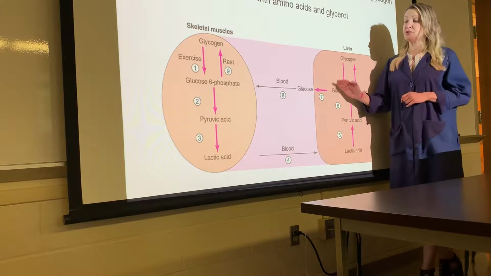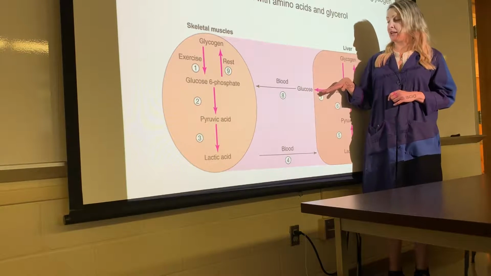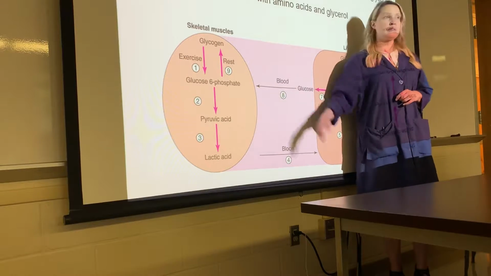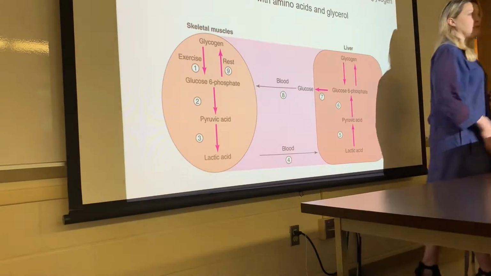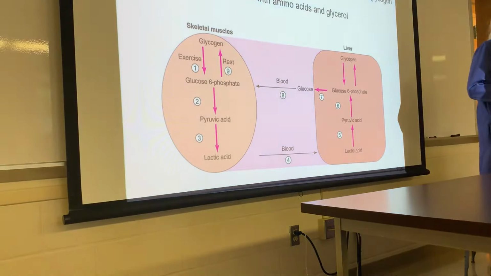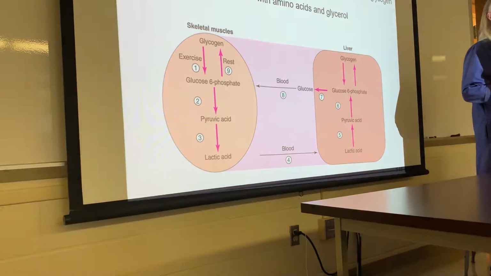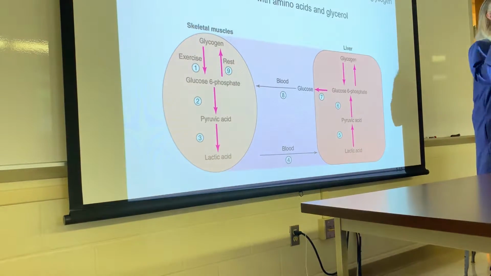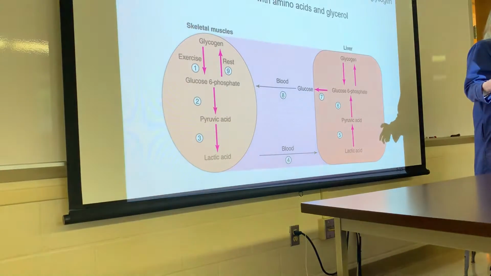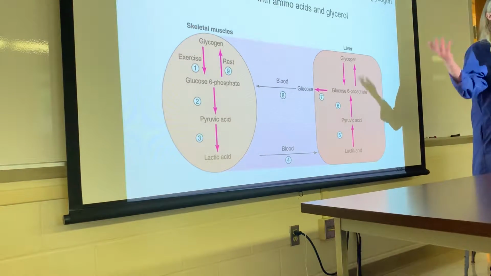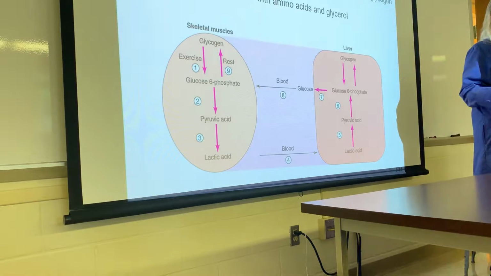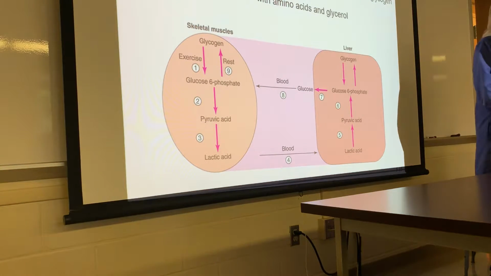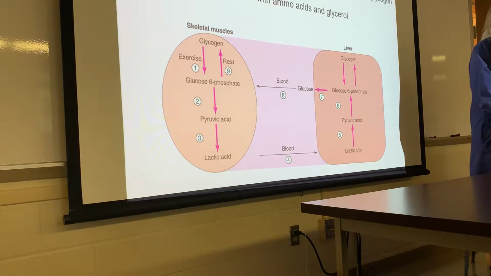Glucose 6-phosphatase releases that phosphate, and glucose is released into the bloodstream and goes back to the skeletal muscle. So that's how we produce new glucose from something that wasn't glucose. It was lactic acid, but now it's glucose. So it's usable. It's like a recycling kind of thing in a way. Do you have any questions about that?